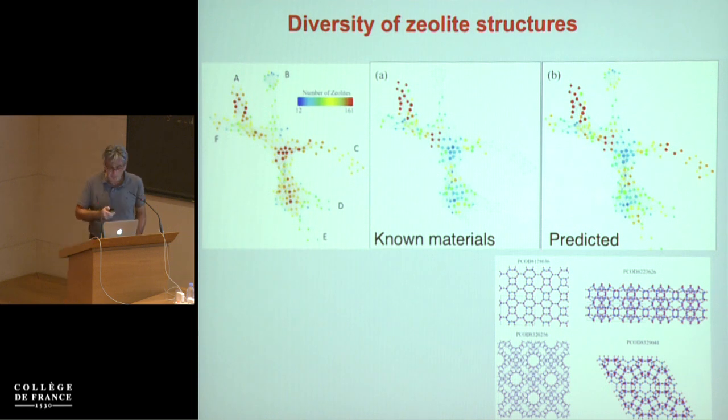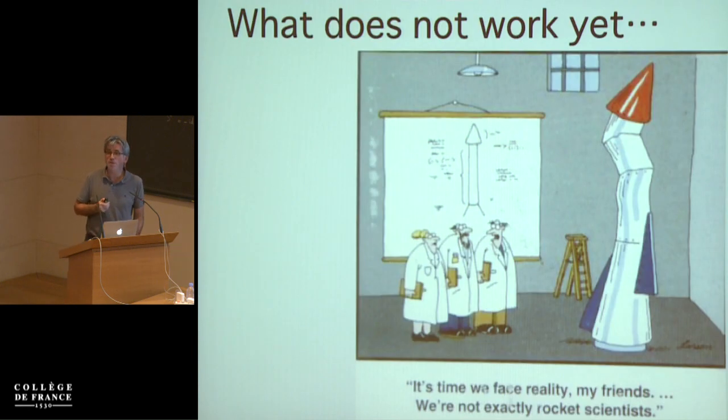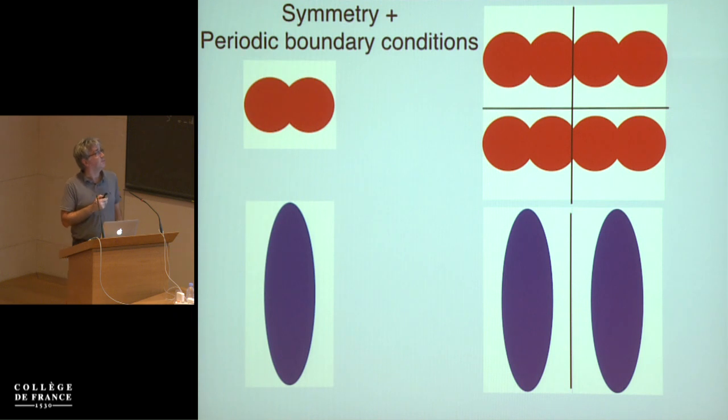Okay, so in the remainder of my talk, I would like to tell a few things where we're not that happy. For example, our techniques are relatively too expensive. One of the things we do not know very well is how to take symmetry and periodic boundary conditions into account. So what is the issue here?